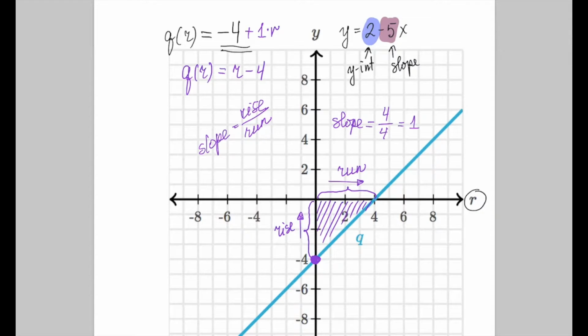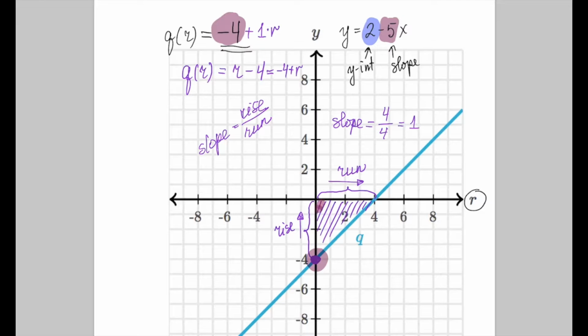We usually put positives in the front and negatives after that. If you write this as -4 plus r, no harm in that. It's up to you how you write this. Again, we had the graph by itself. First, we figured out where our y-intercept was, found it, and wrote it right here as an independent number.